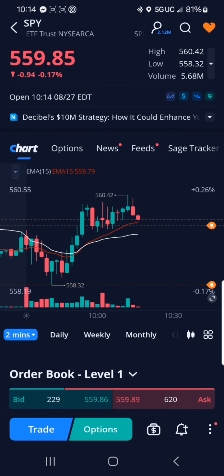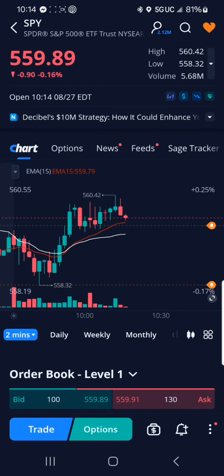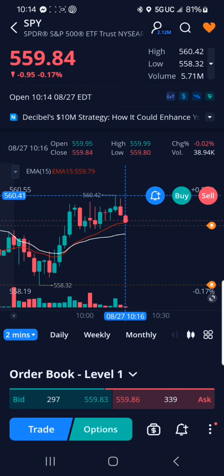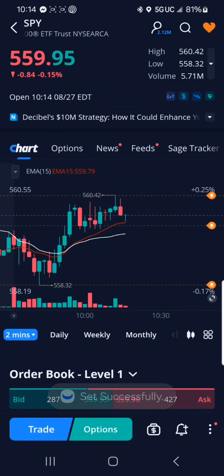Since I'm in a call and I make money as the price goes up, if it drops below this line right here, I'm just going to immediately pull out. So that's my stop loss. And for the take profit, I can see this thing going really high, but at least right here, it can at least squeeze back up to 560.41. That's like minimum. At this point, because the trade's already going south on me, or it looks like it is, this is how I'm going to set it up right here.